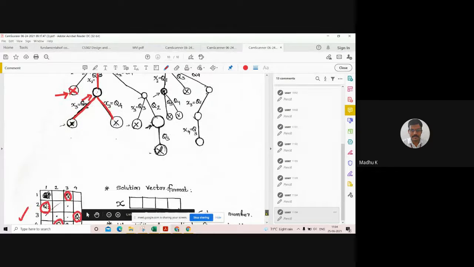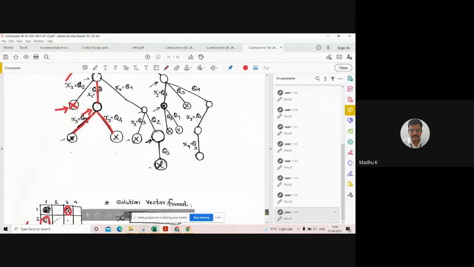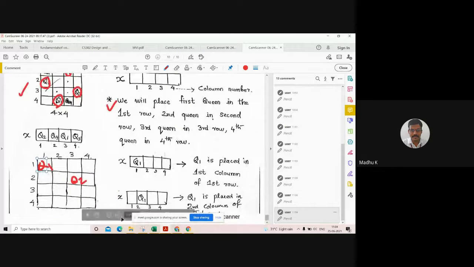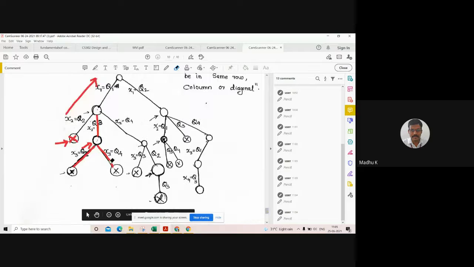Then Q3 I will place here. Then in the third column, I will try to place Q4.